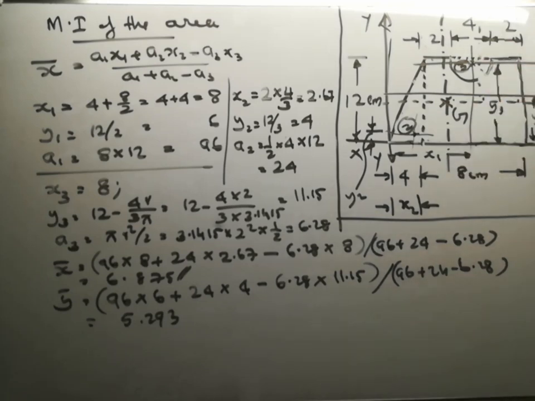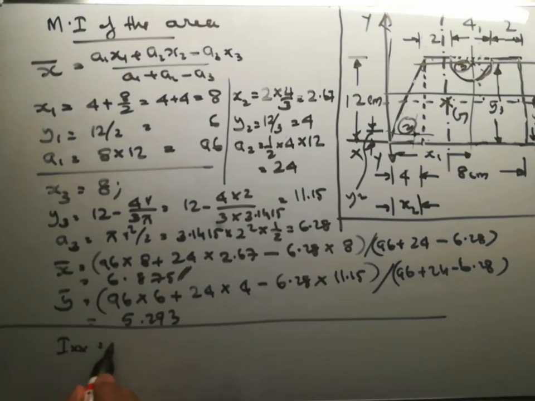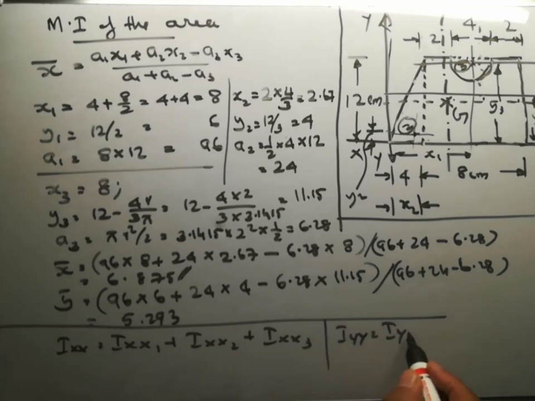To find the moment of inertia, what we can do is say Ixx is equal to Ixx1 plus Ixx2 plus Ixx3, and Iyy is equal to Iyy1 plus Iyy2 plus Iyy3. This is the equation we are going to use.